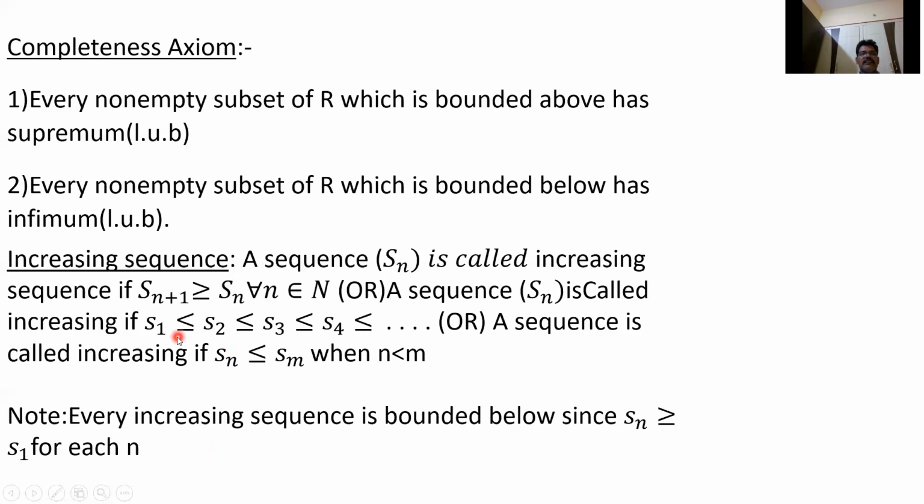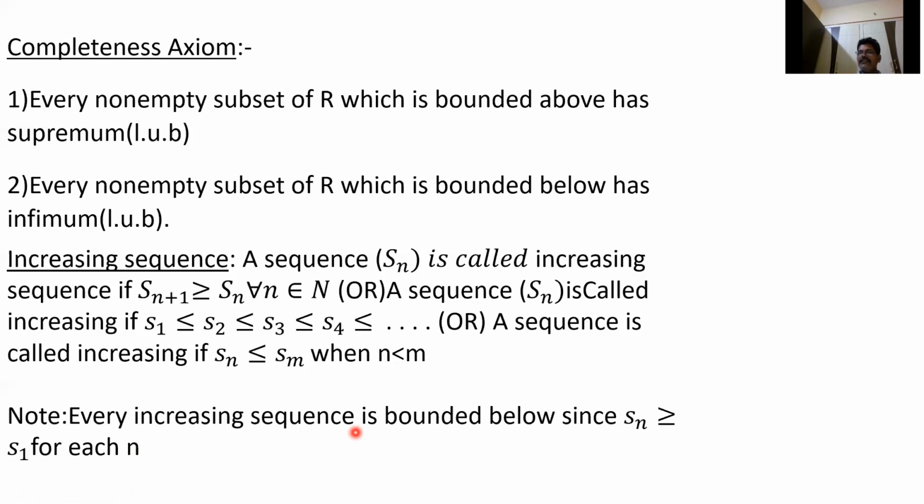So here, increasing means S1 ≤ S2 ≤ S3 ≤ S4. From these, S2 ≥ S1, S3 ≥ S1, and S4 ≥ S1. So every term in the sequence is greater than or equal to S1. Therefore it is bounded below, and S1 is a lower bound for the increasing sequence.